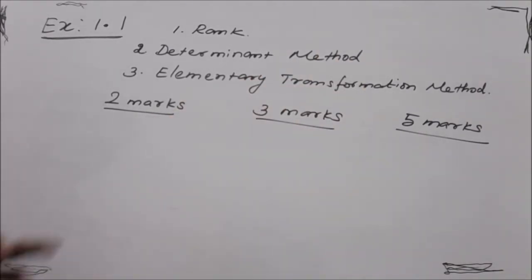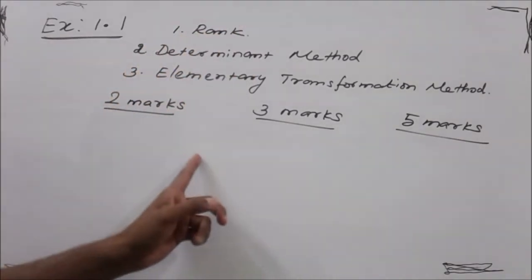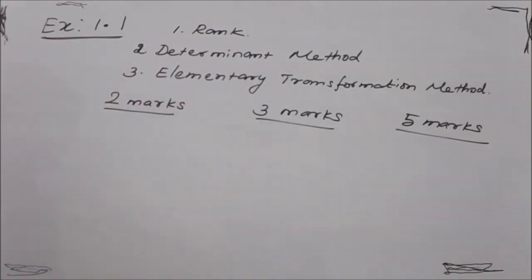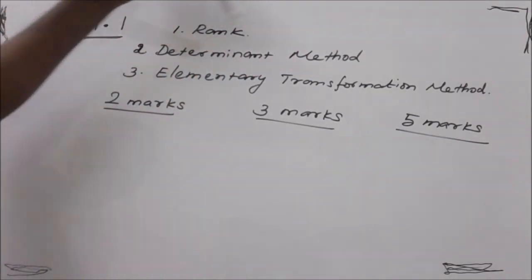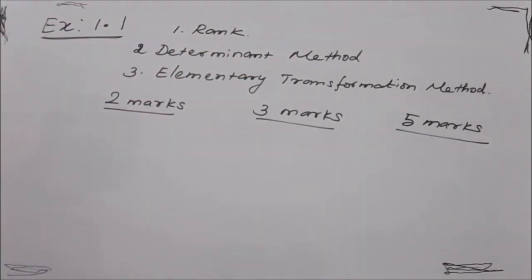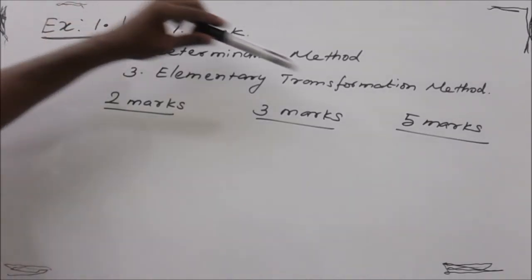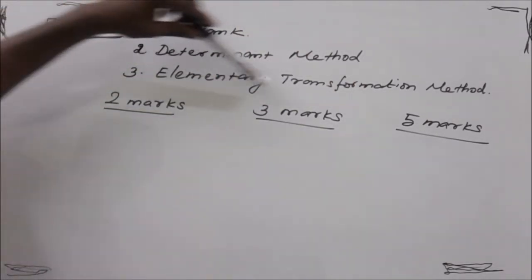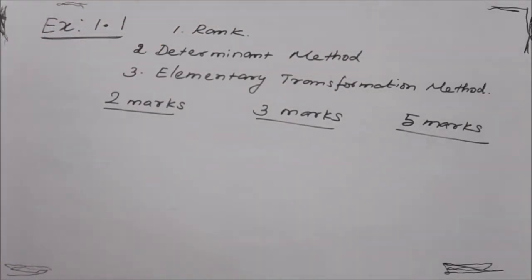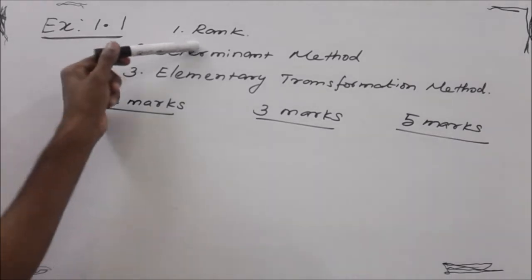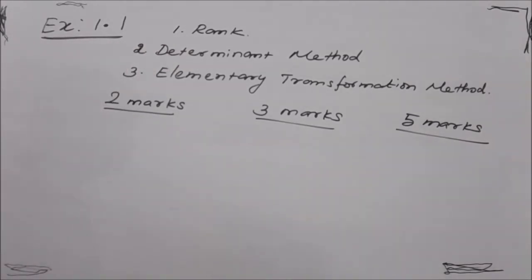The 2 marks and 3 marks questions will appear only in rank, either rank by determinant method or rank by elementary transformation method. No other choices. For 5 marks, it is impossible to get questions from rank. If they simply say find the rank, you can use any one method which is familiar to you.